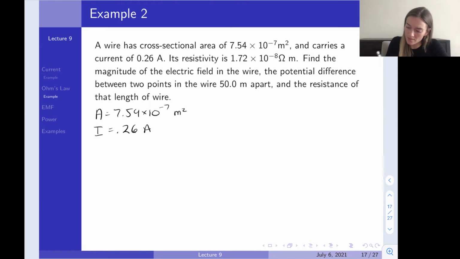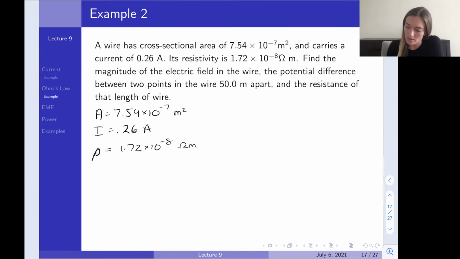And its resistivity, rho, is 1.72 times 10 to the negative 8 ohm meters. And the units of resistivity, I also forgot to mention, are ohm meters. Now we want to find the magnitude of the electric field in the wire, the potential difference between 2 points 50 meters apart, and the resistance of that length of wire.